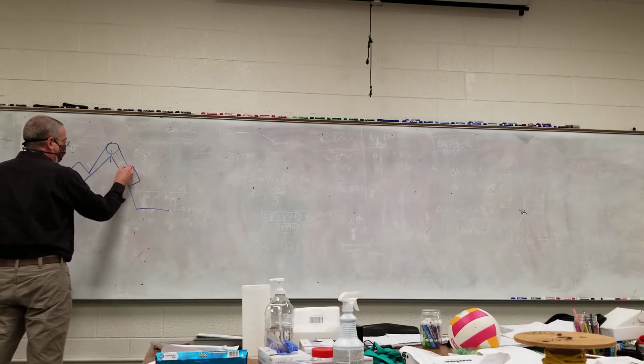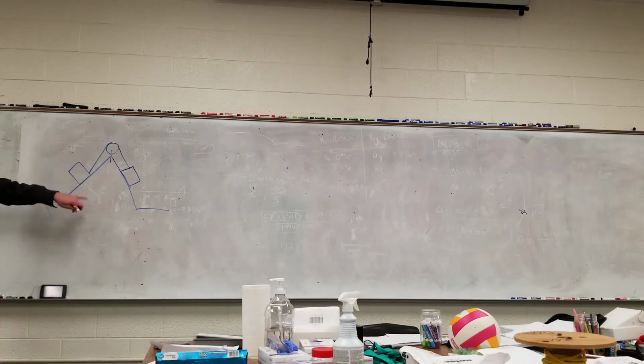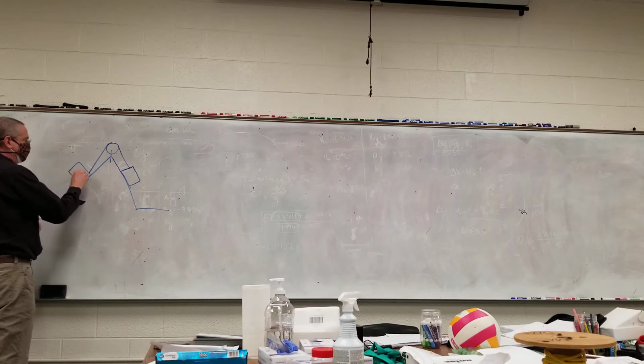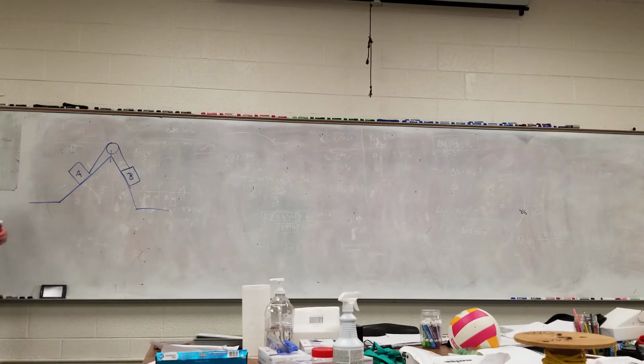Where the rope on the right side was parallel to the ramp and the one on the left side is not parallel to the ramp. Probably labeled that A and B. All right, anything else I missed from before?